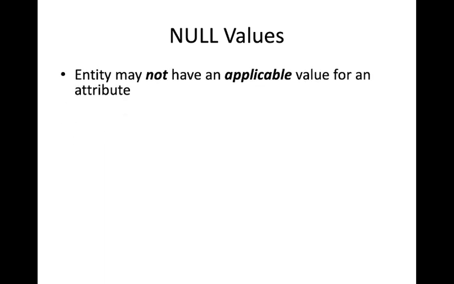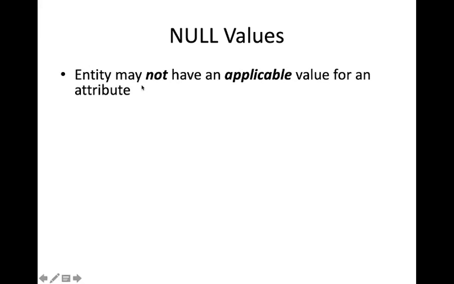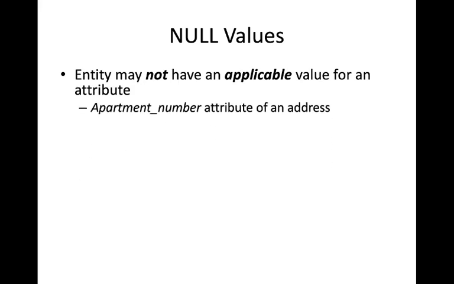Then another topic to be learned is about null values. In certain cases, we give null values to attributes. There are several cases in which this can happen. The first case is that an entity may not have an applicable value for an attribute.